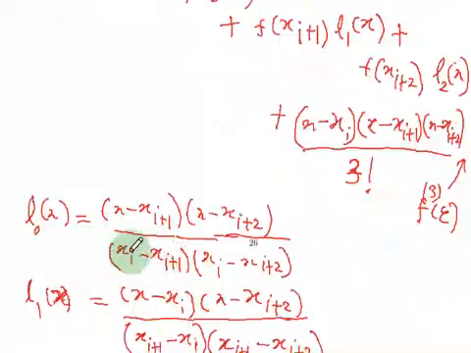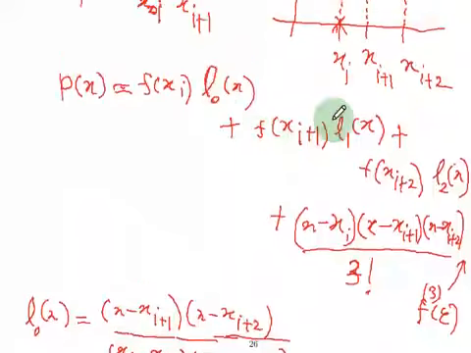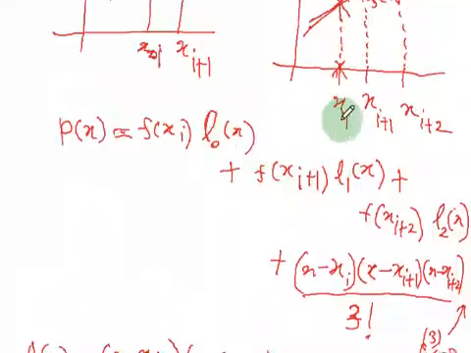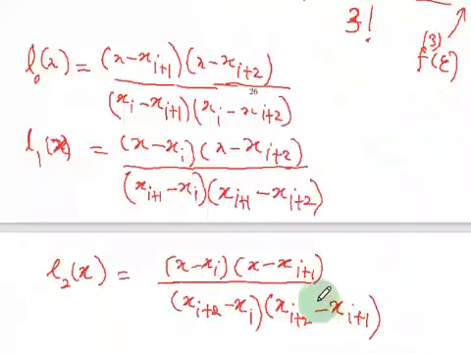On the numerator, x minus other points except xi. So this is your cardinal function L0, L1 and L2.